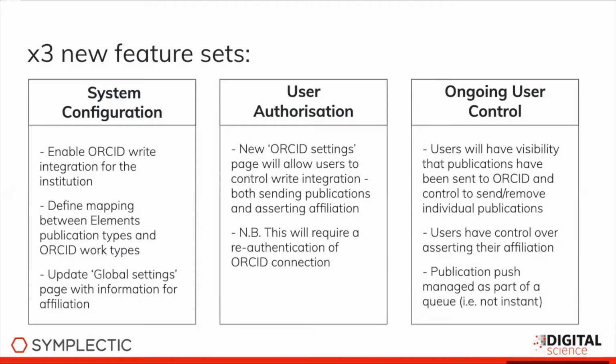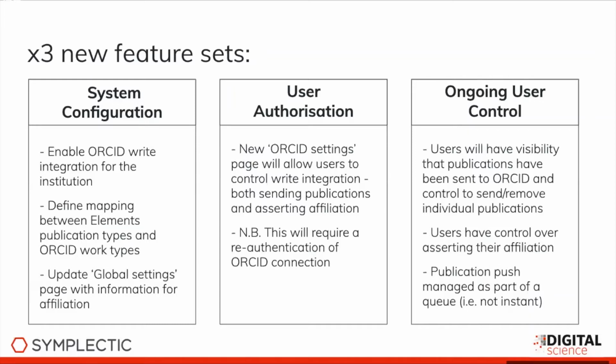System administrators can define the mapping between Elements publication types and ORCID work types. There is an out-of-the-box mapping, but one of the real benefits of Elements is its flexibility, and institutions and organizations can create custom types.